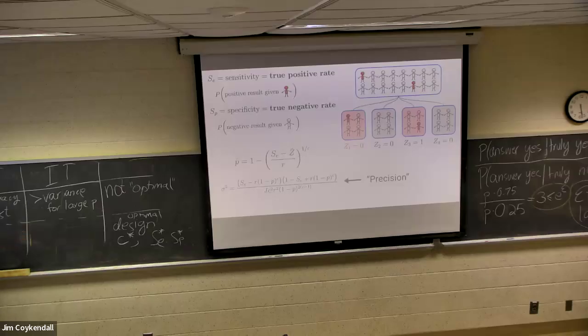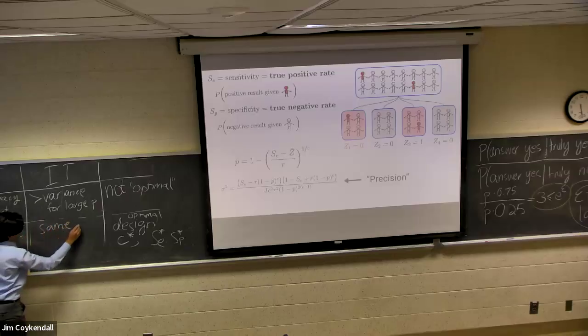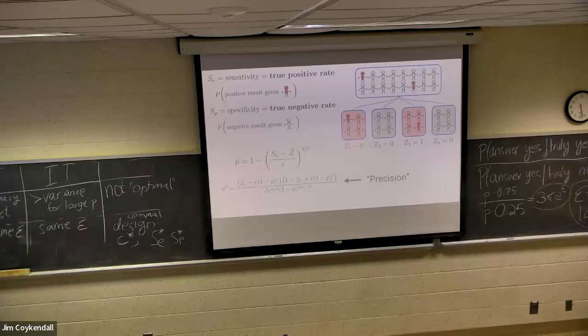And in this scenario, group testing and individual testing have the same privacy, same epsilon. But group testing always has significantly better variance. It's significantly more cost effective. There's no other benefit to it. Does that answer your question? This is terrible to read, I'm sorry.